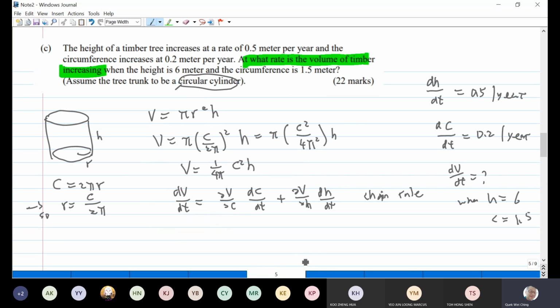Your c is how much there? On the question, c is equal to what? Circumference is 1.5. h is 6, yeah? Circumference is 1.5, h is 6 here.